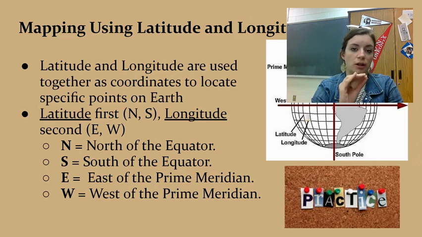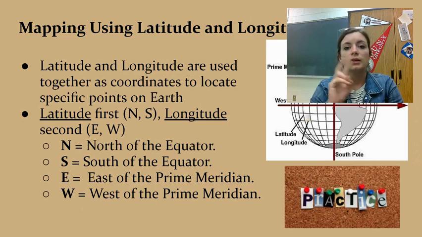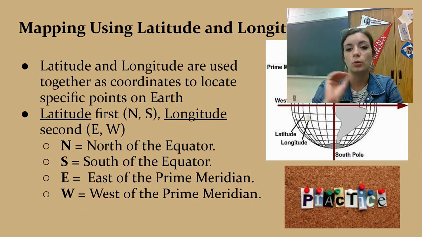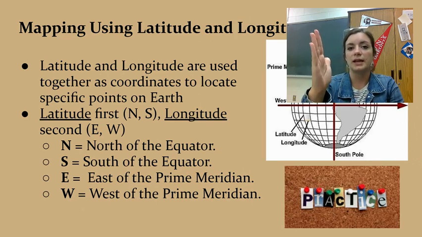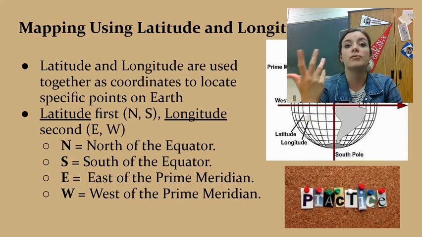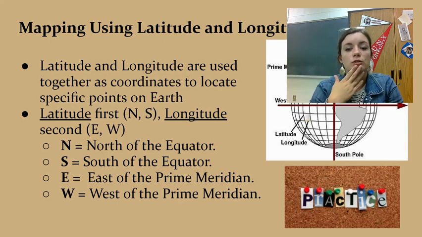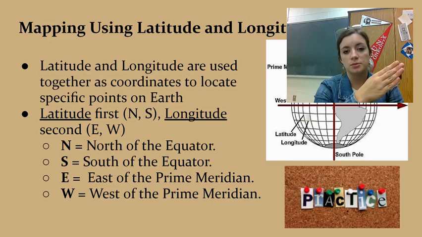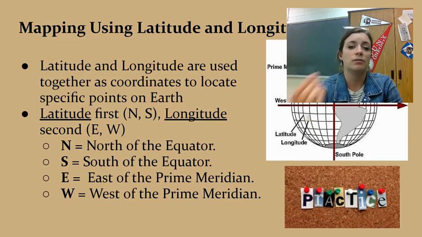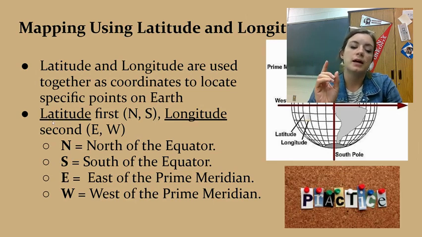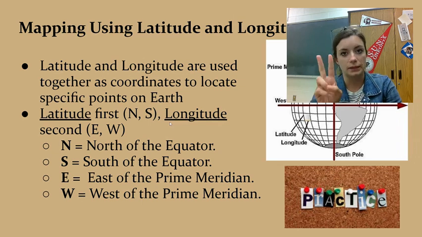The second number is your longitude in either degrees east or west, because it's describing how east or west you are of the prime meridian. I also remember that latitude comes first, longitude second, because alphabetically it's in order. LA for latitude is alphabetically first, longitude LO alphabetically second.